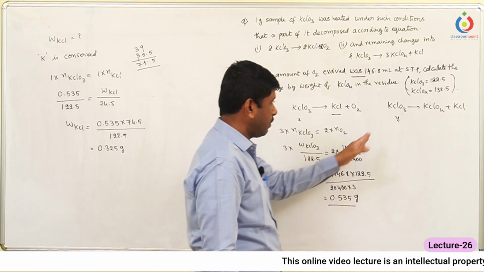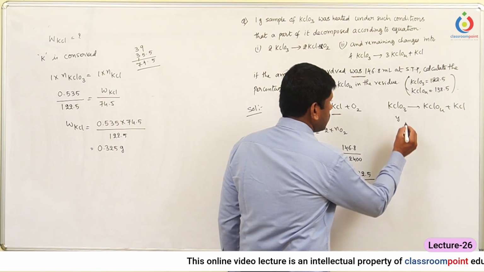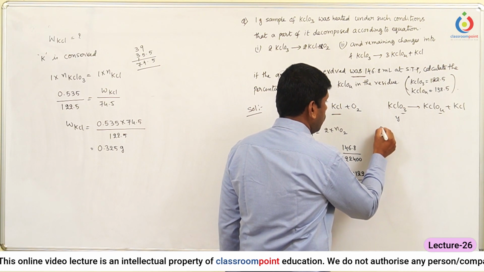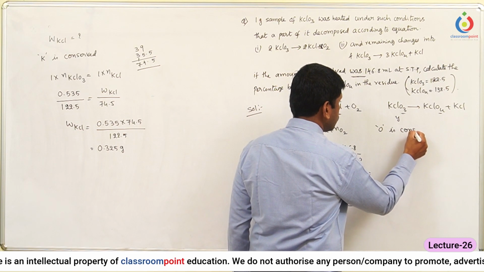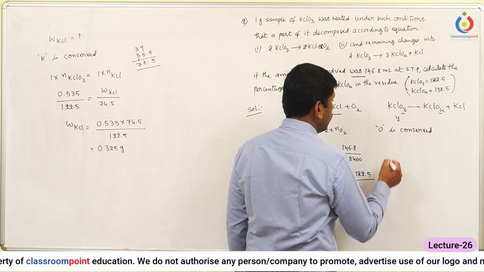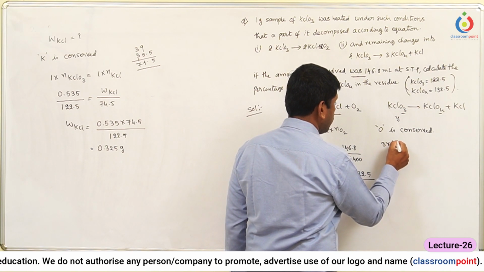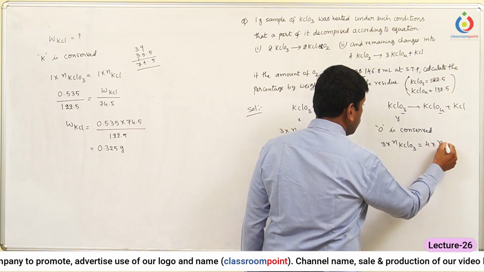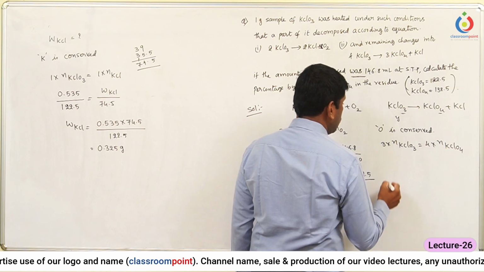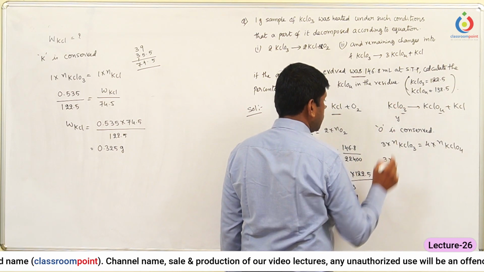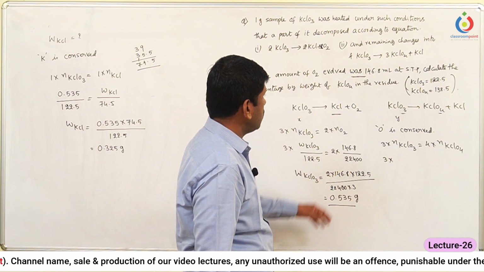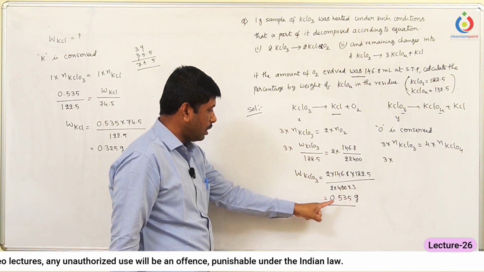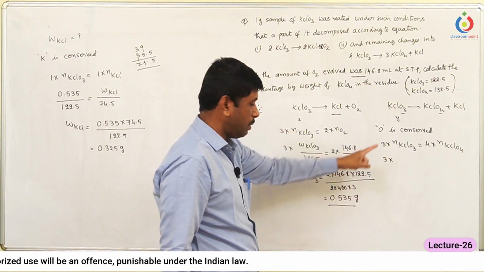Now let's come to the second equation. Here let us make the oxygen conserved again, because we have to calculate the KClO4. 3 oxygen atoms, 3 into number of moles of KClO3, equals 4 oxygen atoms, 4 into number of moles of KClO4. So 3 into weight of KClO3 involved in this process. See here, they are asking about the weight of KClO4. The weight of the KClO3 is already calculated, so the remaining weight is participating here.